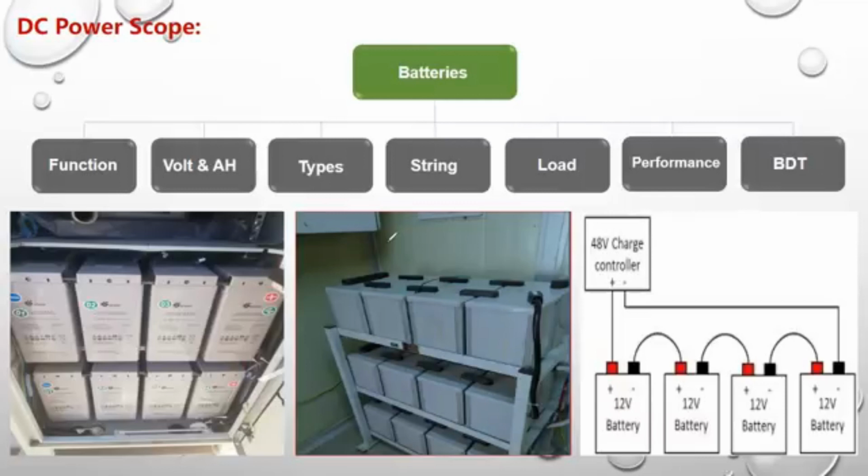Now let's talk on how the batteries are connected to each other and connected to the rectifier. Now the batteries are connected to each other, as we mentioned, by these connectors, all right? That comes from the positive, let's say, of this battery.